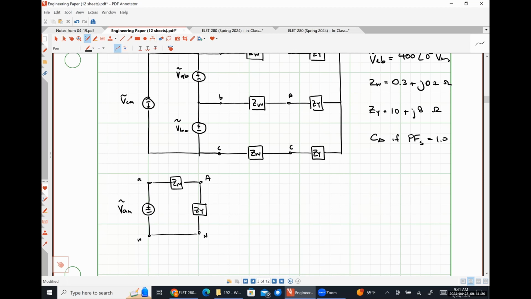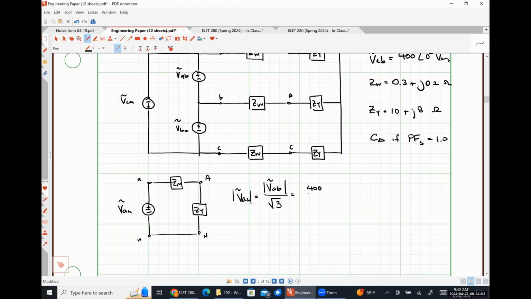We have VAB. How do we get VAN from that? The magnitude of VAN is the magnitude of VAB divided by the square root of 3.